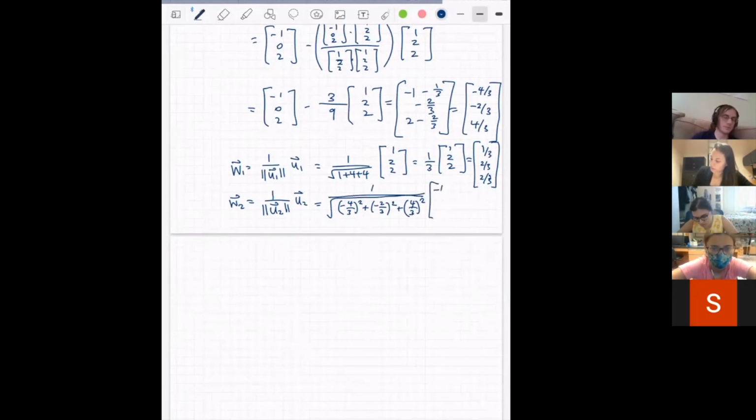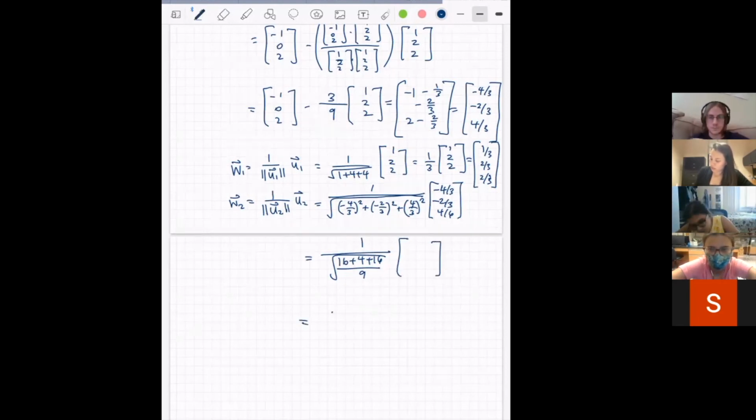So if we just work out what this is, we should get 16 plus 4 plus 16 over 9. Right. Times that vector, which I won't copy again, but this would be root 9 over 36.